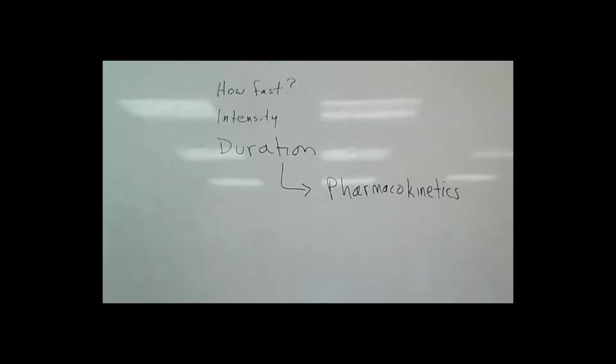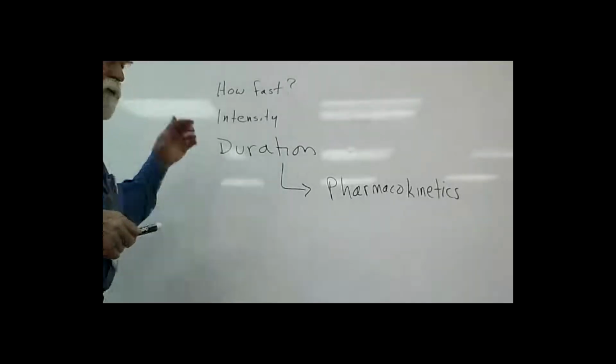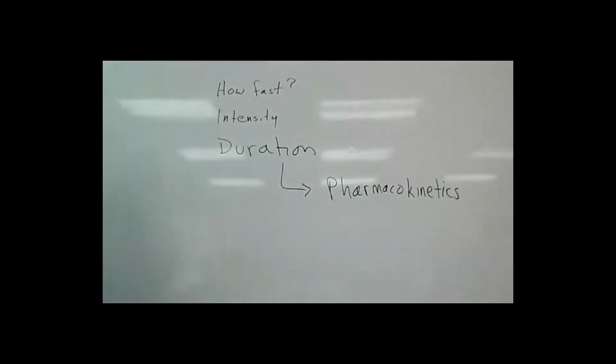Oral doses generally take around half an hour before you start getting drug measurable in your plasma. So the pharmacokinetic profile, that's the release side. As soon as the drug is injected intravenously, it's released, and it just takes about 2 minutes to distribute throughout the body.